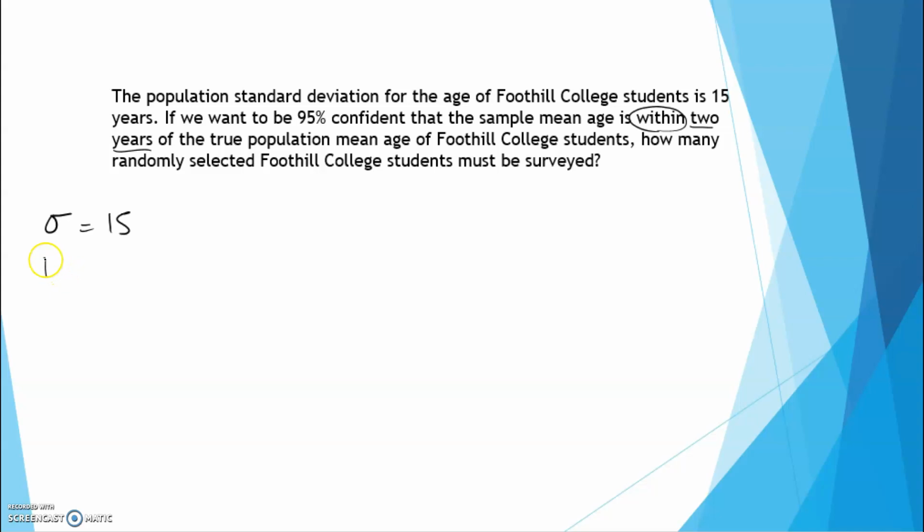So your margin of error is 2. 2 years of the true population mean age of Foothill College students. How many randomly selected Foothill College students must be surveyed? This part right here is really just saying find n, or your sample size.